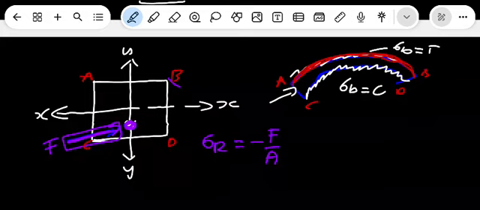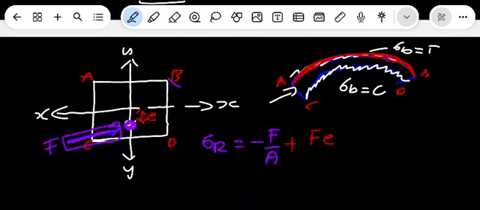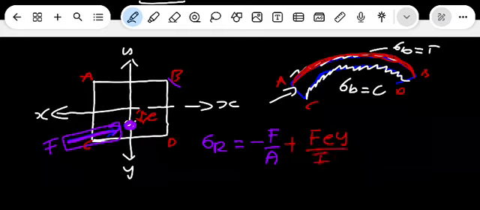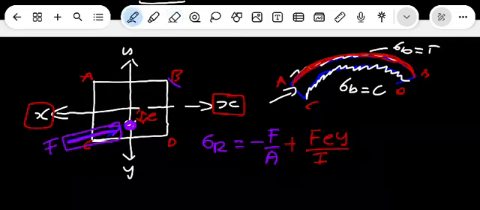So here we'll have plus the bending stress, and the bending stress is force multiplied by the eccentric distance, multiplied by y, divided by I. Because it's bending in the x-axis, you'll have x, which is our centroid.